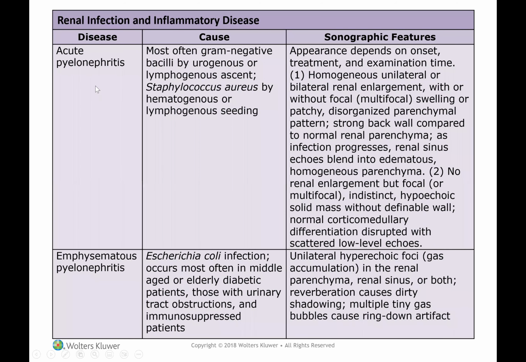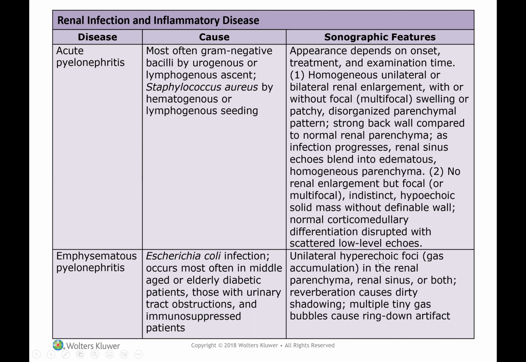So these are the two different kinds: acute pyelonephritis, which I had, and this crazy kind from E. coli, which could make you really sick. And this is the appearance of acute pyelonephritis, more likely to have swelling and the parenchyma just be off.